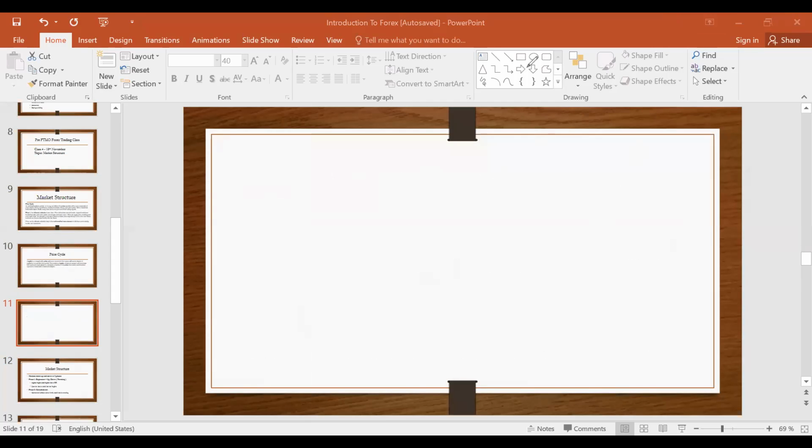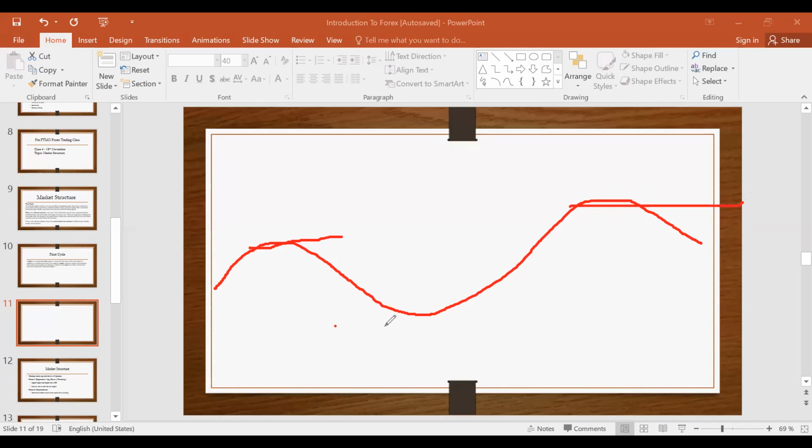When you are studying Forex, the most important thing is to know this thing we are calling the price cycle, where these are the highs and these are the lows.